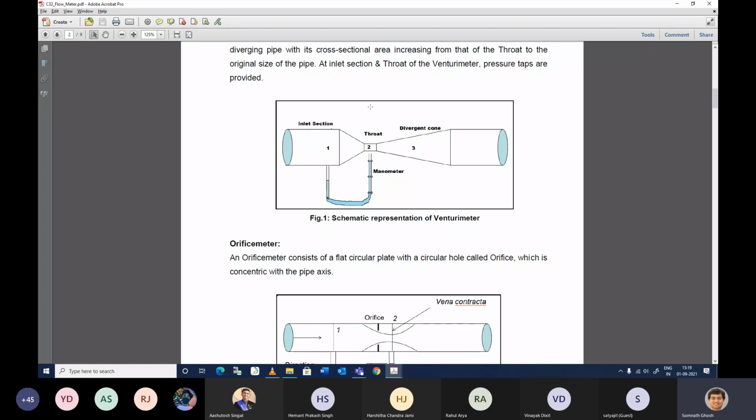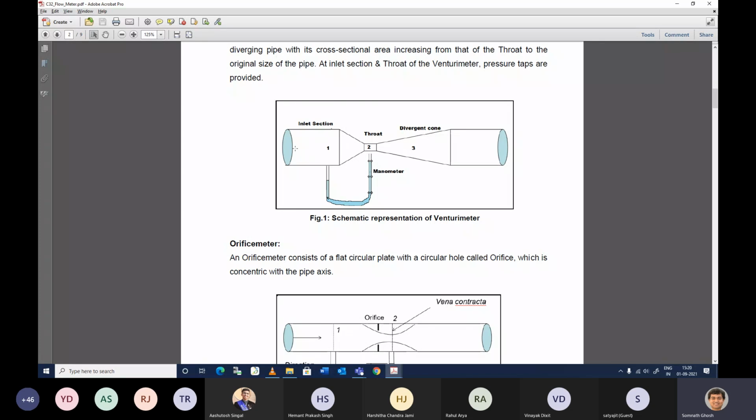Anyway, the Venturi meter works based on Bernoulli's principle: if you have any constriction, you will reduce the pressure and increase the velocity.